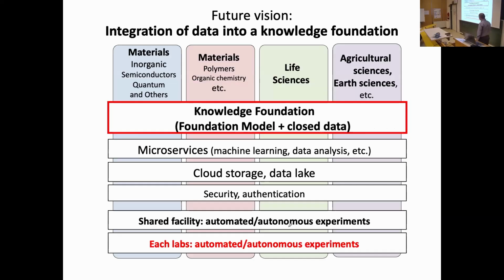That means from each lab or shared facility, data is stored in the cloud, and then these data are shared and made into a knowledge foundation. And this is not limited to one discipline. Many disciplines, including life science, agriculture, and earth science, are united. That is the overall direction.